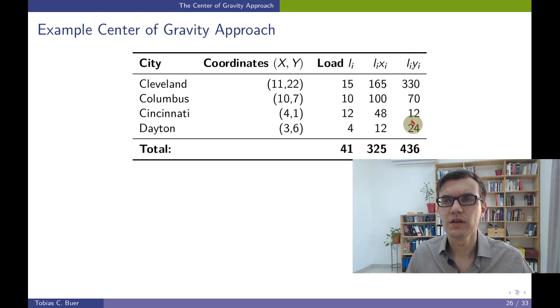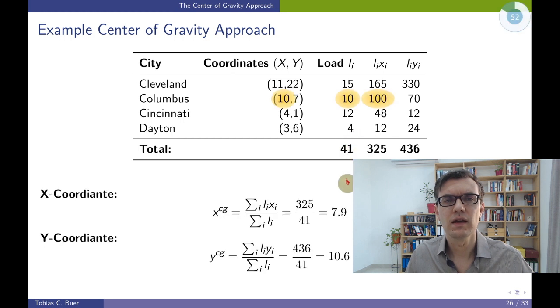And I sum up the values in the x and y columns. The total load is again also the summation of the load of each individual city. And then I can calculate the x coordinate of the center of gravity. I call it CG. The x coordinate is 7.9 and the y coordinate is 10.6.